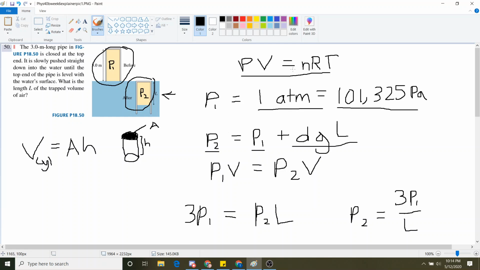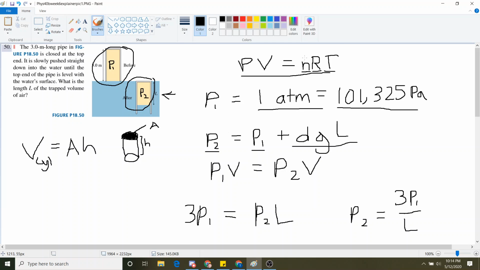And since we know that R is constant and the temperature is constant because it doesn't change, or at least they don't tell us that it changes, we can assume that they're probably constant. And we can also know that n is also constant, which is just the number of moles of air inside of the container.